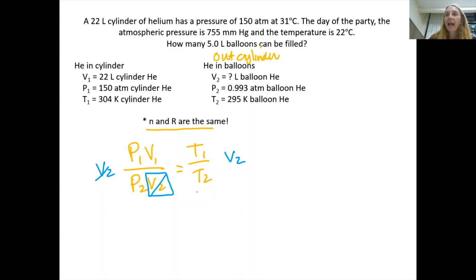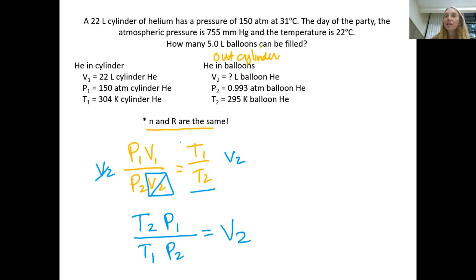Next, I'm going to divide by this, or multiply by T2 and divide by T1. Either way, it comes over here and it flips itself upside down. So T2 over T1, P1, P2 equals V2, right?